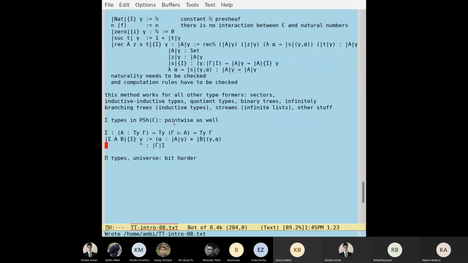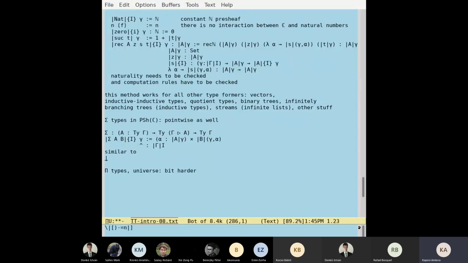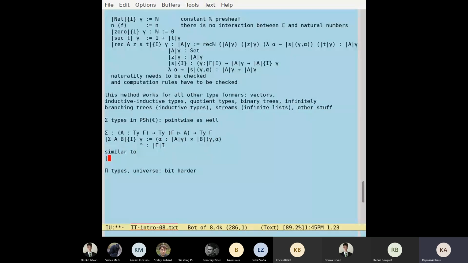So it's very similar to context extension, similar to the interpretation of gamma A, right? That was also a sigma type, but there the A was already a dependent type and B was a dependent type over it, and here gamma was just a presheaf and A was a dependent presheaf, so that's the difference. And then the restriction is also pointwise, just as there.